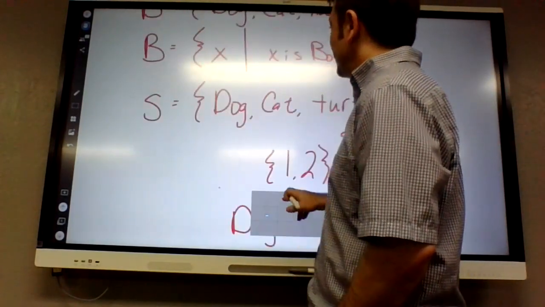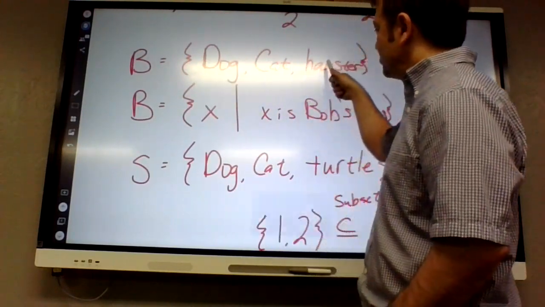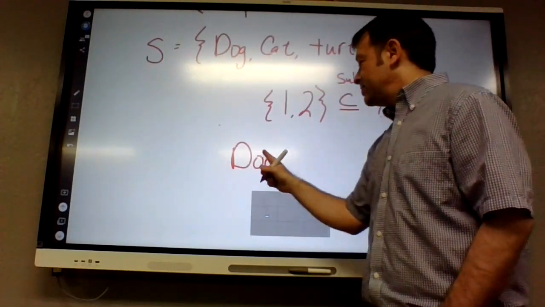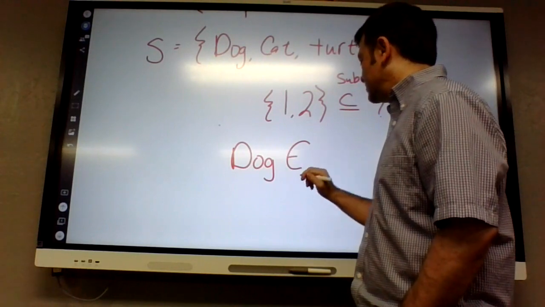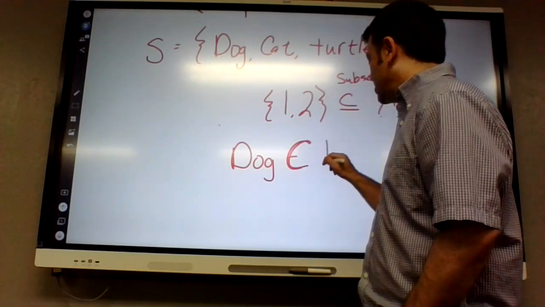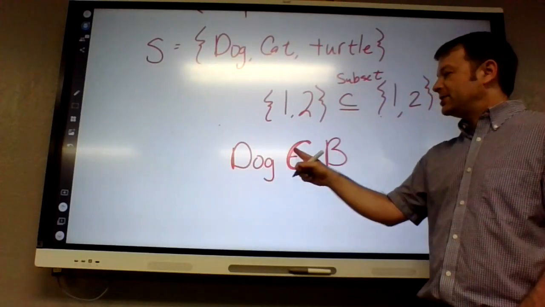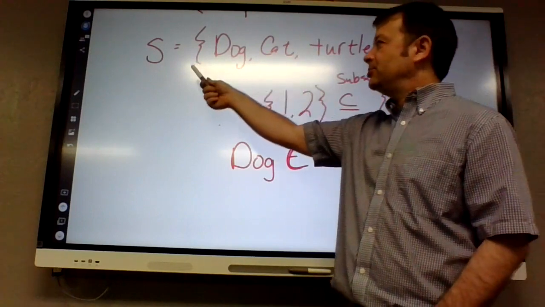Each thing inside the set is called an element. So this set has 3 elements: dog, cat, hamster. You could say that dog is an element of Bob's pets. Dog is an element of Susie's pets.